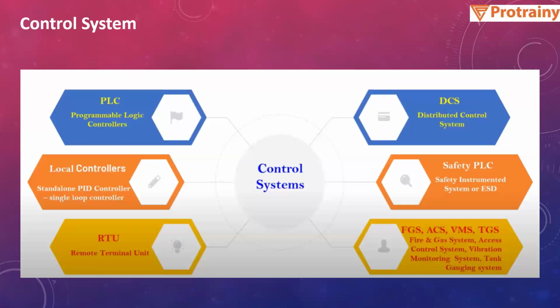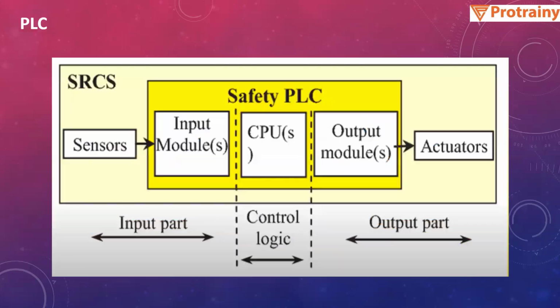So control system includes equipments like PLC, which is programmable logic controller, DCS, distributed control system, safety PLC, or it is also called emergency shutdown system, local controller, remote terminal unit, and fire and gas system, access control system, vibration monitoring, and tank gauging system. So all these things are there.